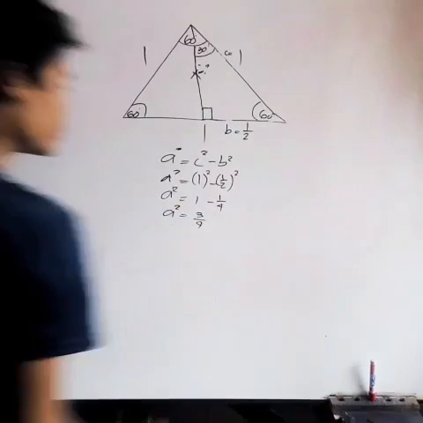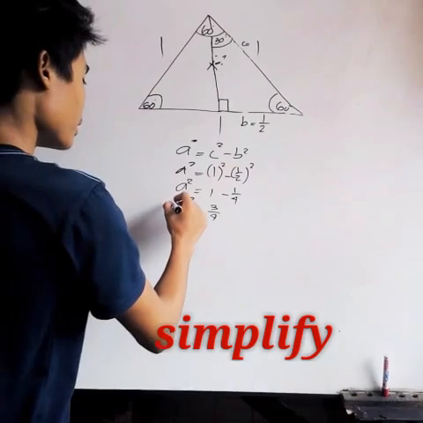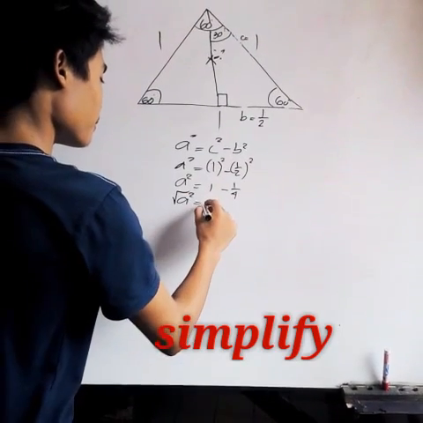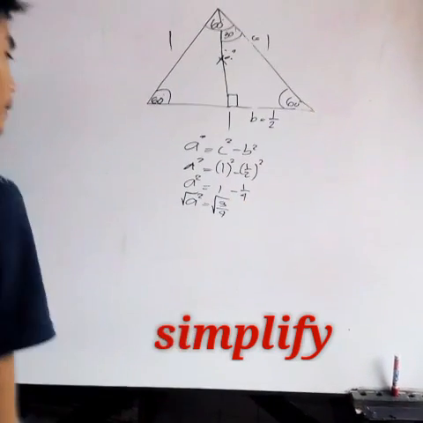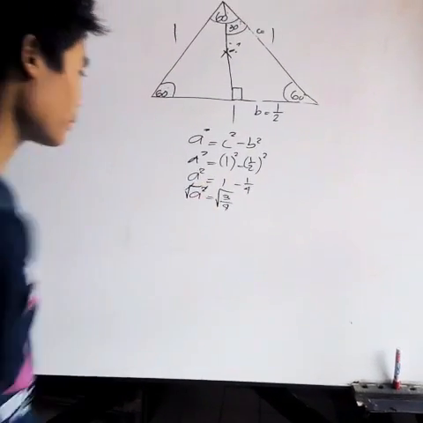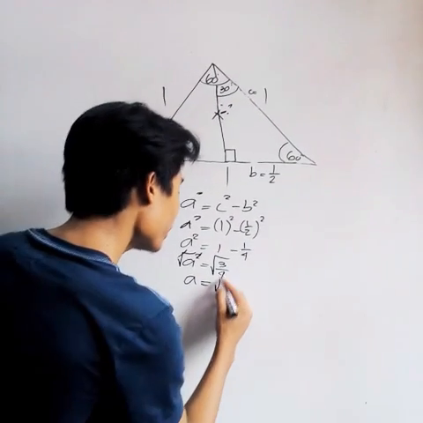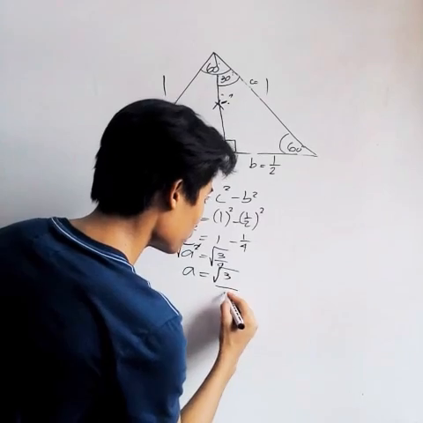A squared is equal to 3/4. We simplify a. A is equal to square root of 3 over 2.